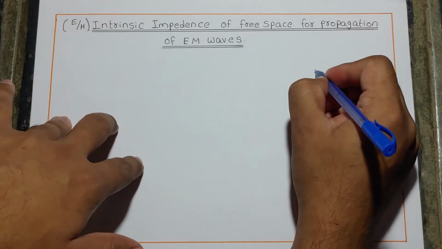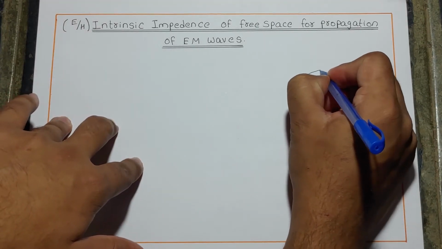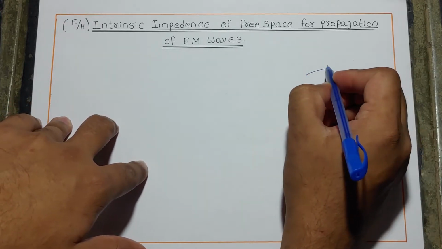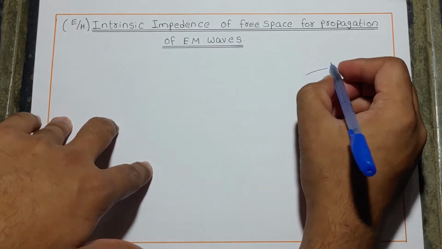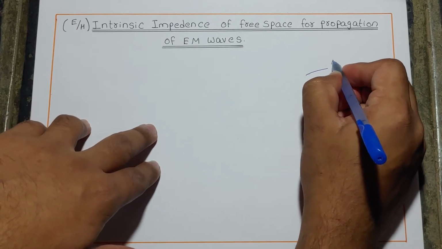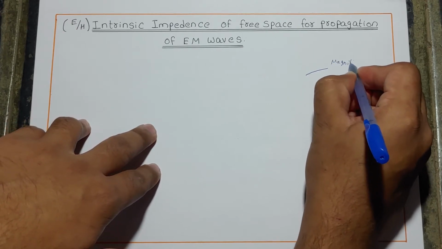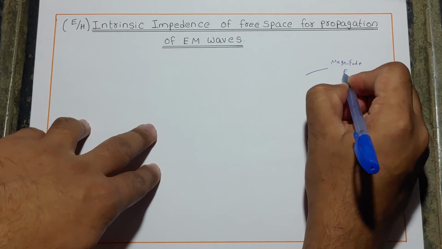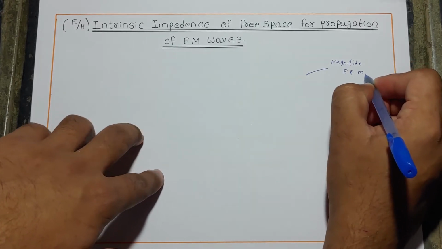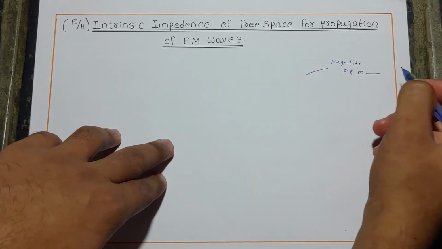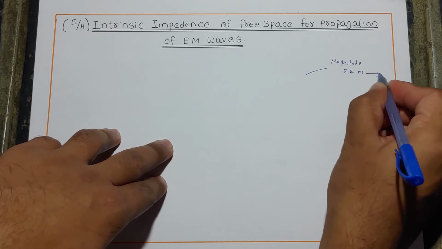When there is a current carrying conductor in free space, intrinsic impedance tells about the magnitude of electric and magnetic field in the free space, in the propagation term.